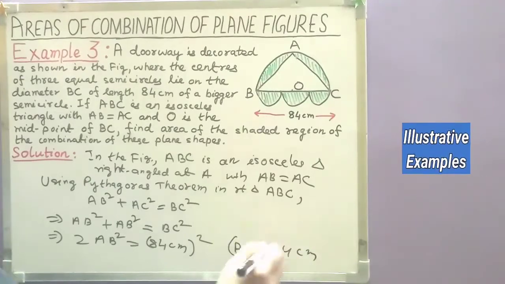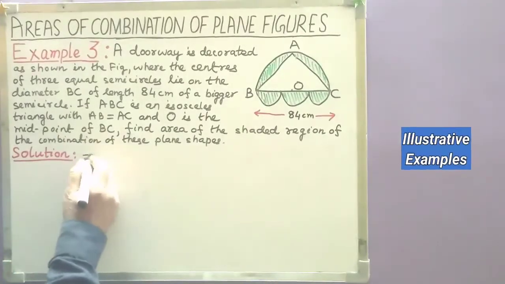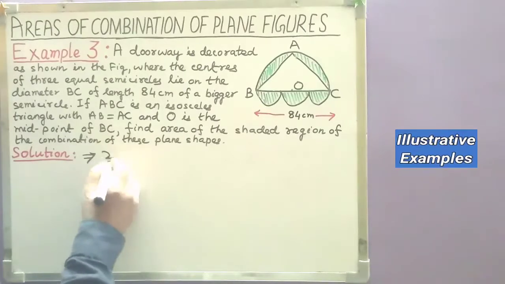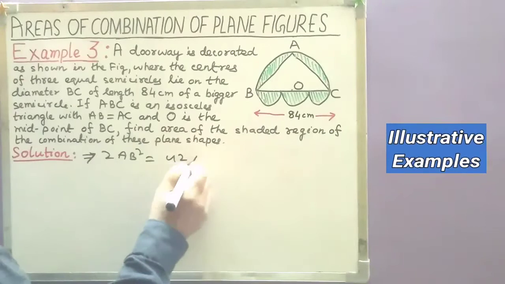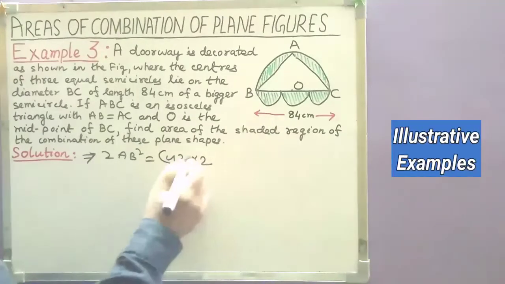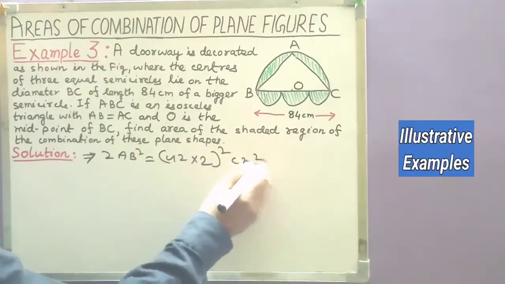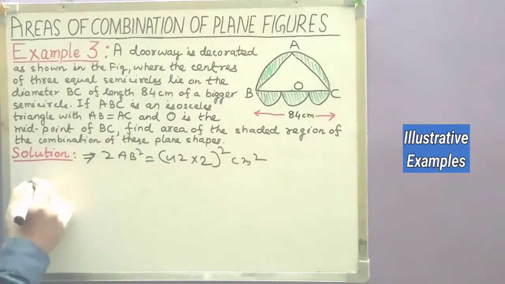It is also given that BC equal to 84 centimeter. That implies that 2AB square equal to 42 into 2 whole square centimeter square.